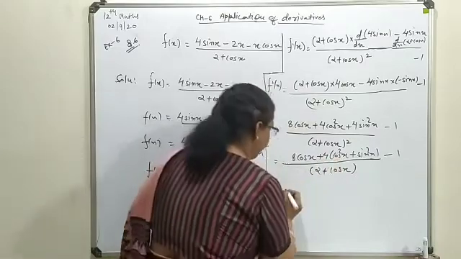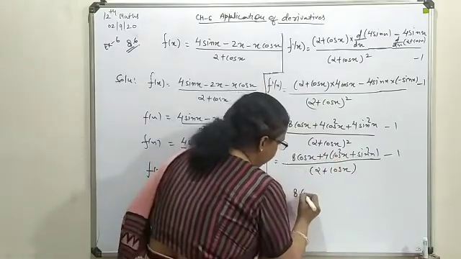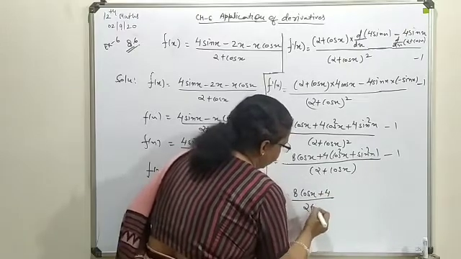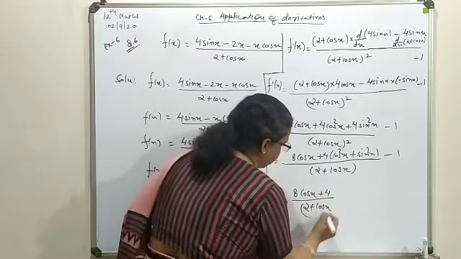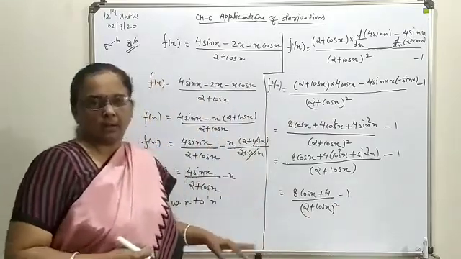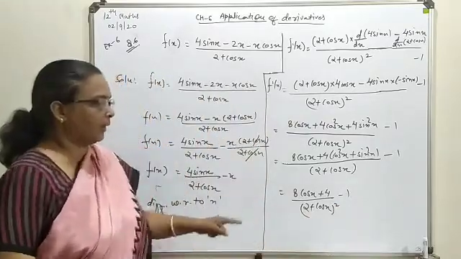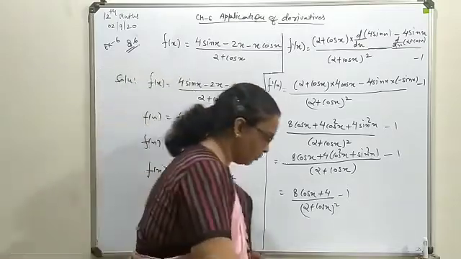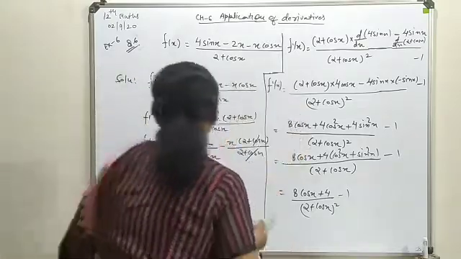This will be replaced by 1, so this will give you 8 cos x plus 4 upon 2 plus cos x whole square, minus 1. Still it is to be written in combined form on taking LCM, 2 plus cos x whole square. So let's move towards the further solution.